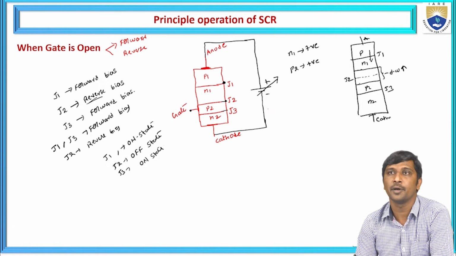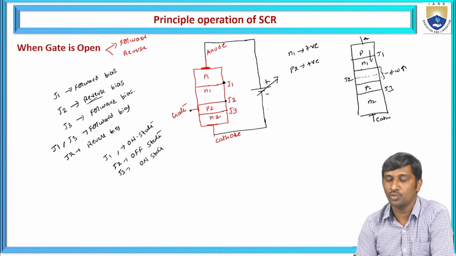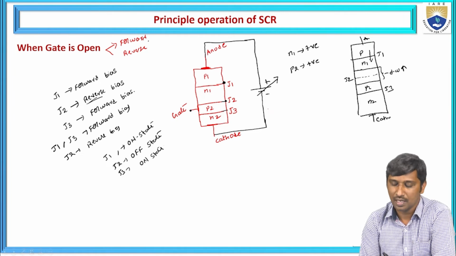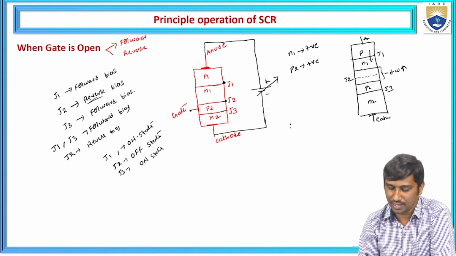Because J2 acts as a reverse bias, no conduction takes place across the SCR, even though you are applying forward voltage.